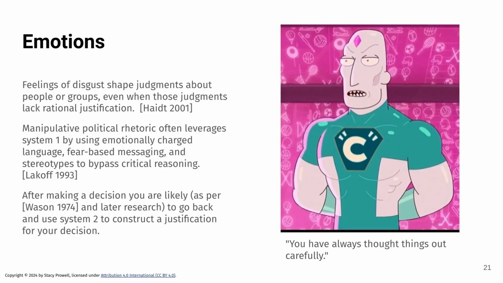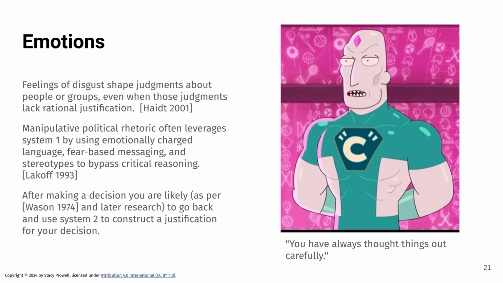Feelings of disgust can shape your judgments about people or groups of people, even when there is no rational justification for these judgments. Right? You conclude that these people are bad because of this, or they're bad because of that.